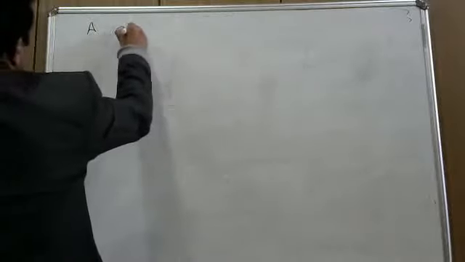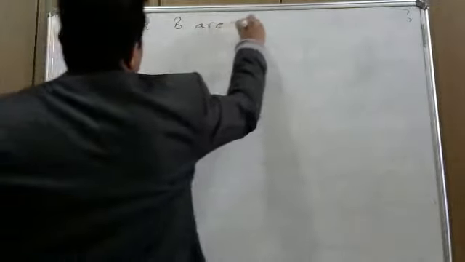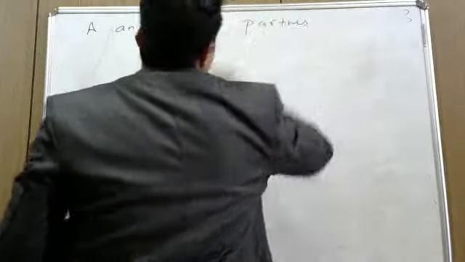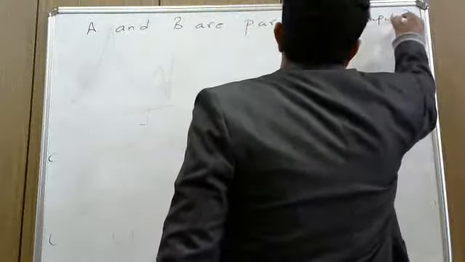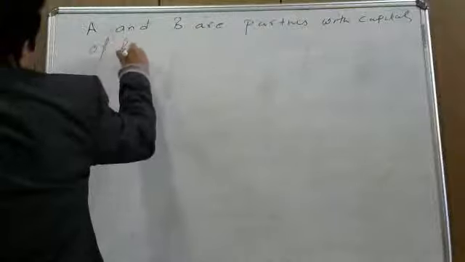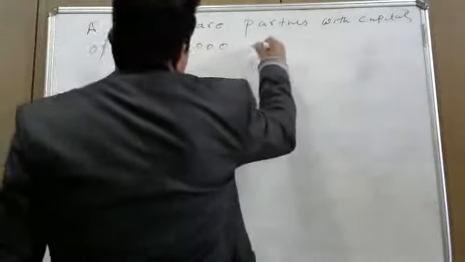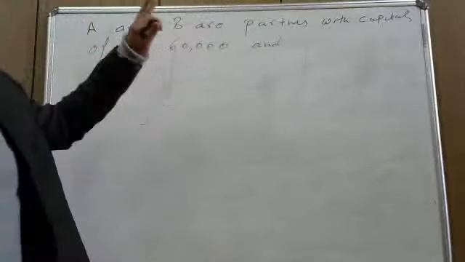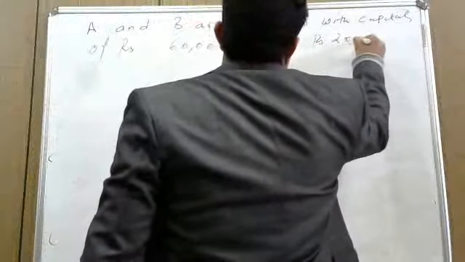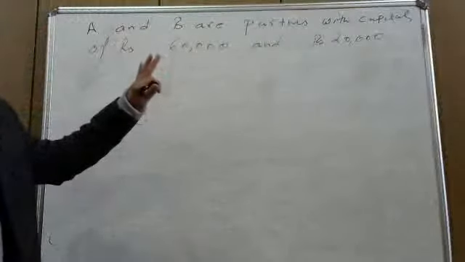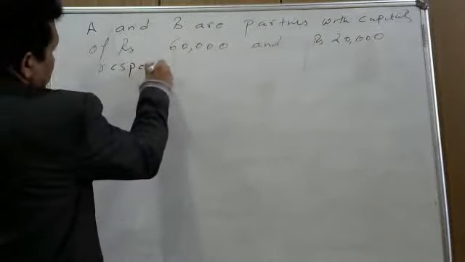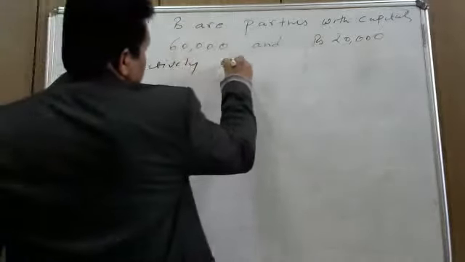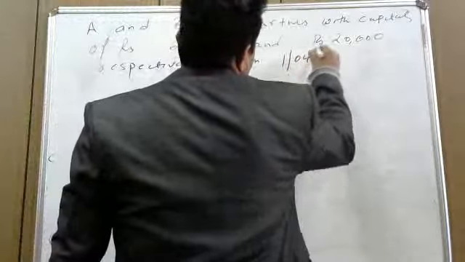A and B are partners in a firm with capital rupees 60,000 and rupees 20,000 respectively as on 1st April 2019.